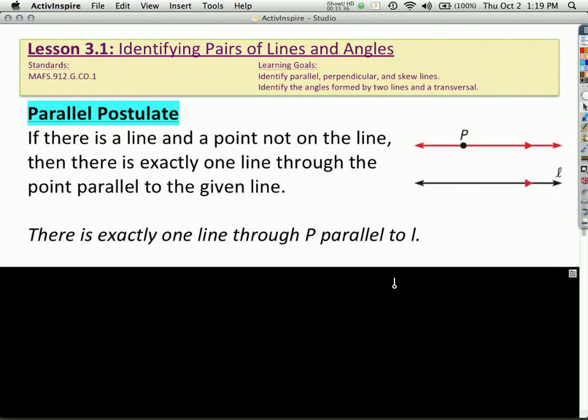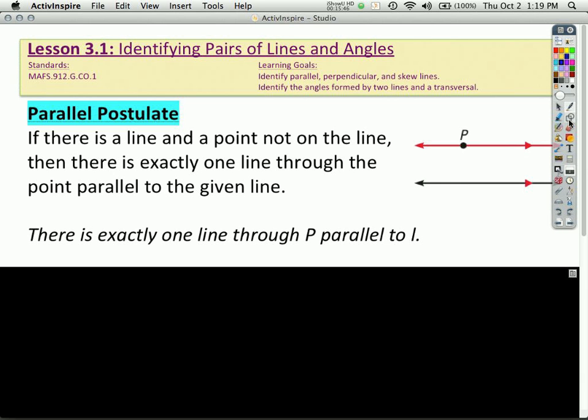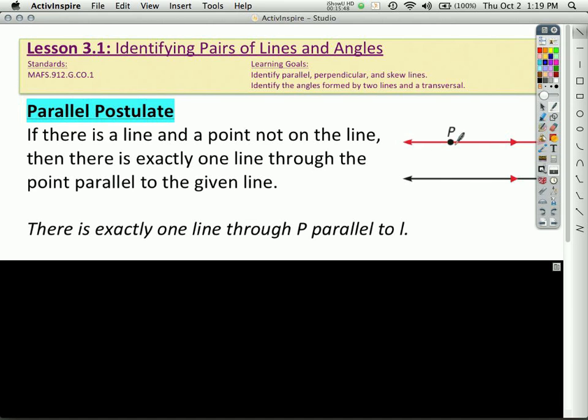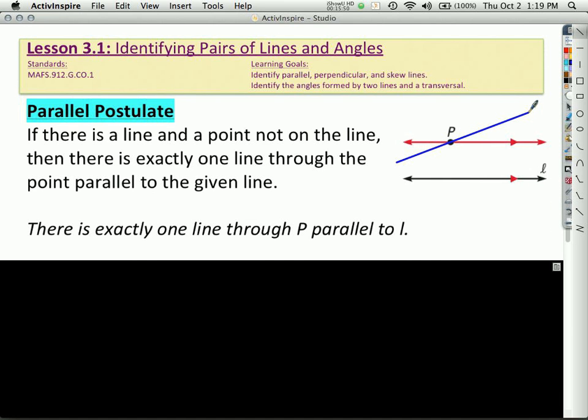If you have a line and a point not on the line, there is exactly one line through that point that will be parallel to the given line. So, for example, I could draw this line through point P. I could draw this line through point P. I could draw this one.